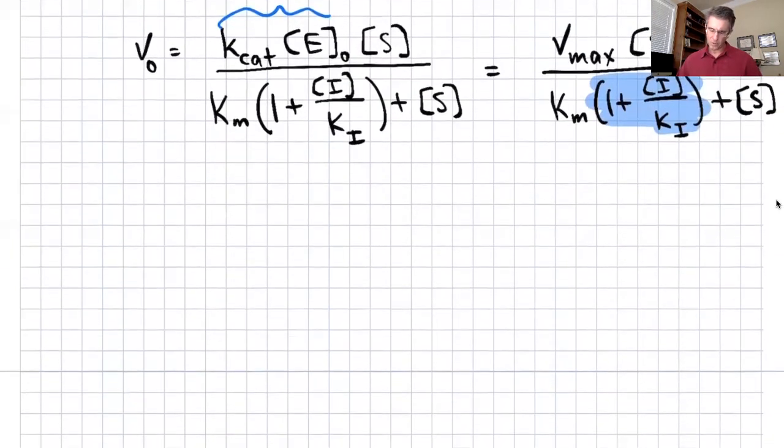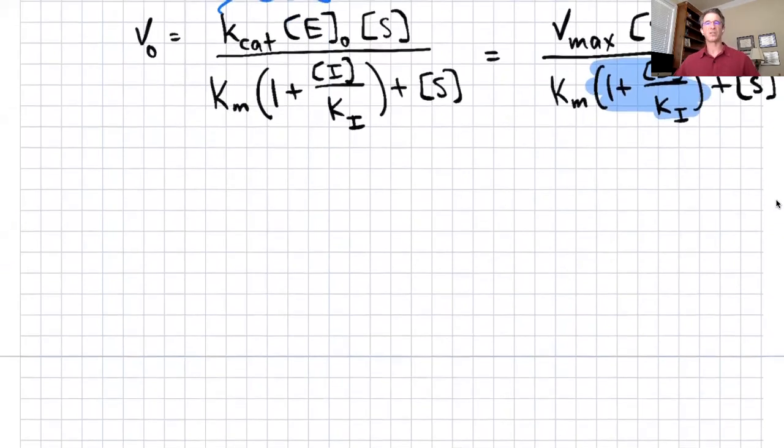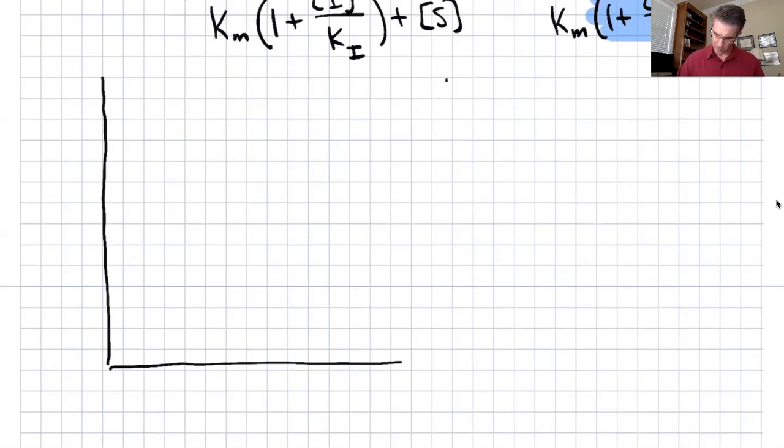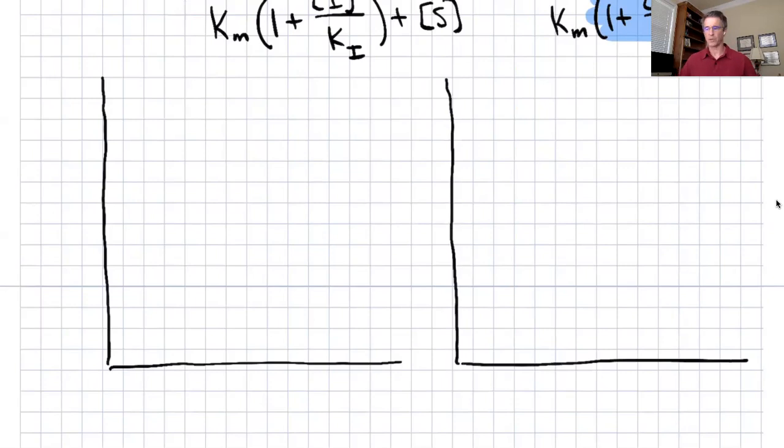So those things have distinctive impacts when you look at the consequences on steady state kinetic data when you plot it out. I'm going to look at this two different ways. We're going to consider both the classic Michaelis-Menten plot and the double reciprocal plot.